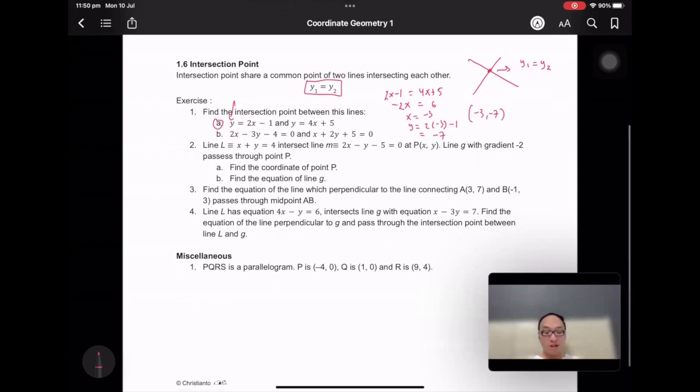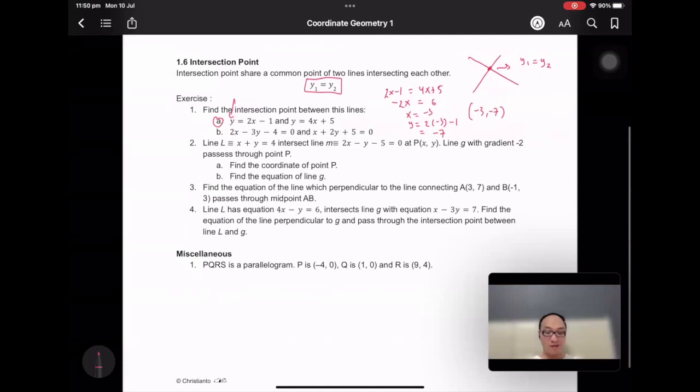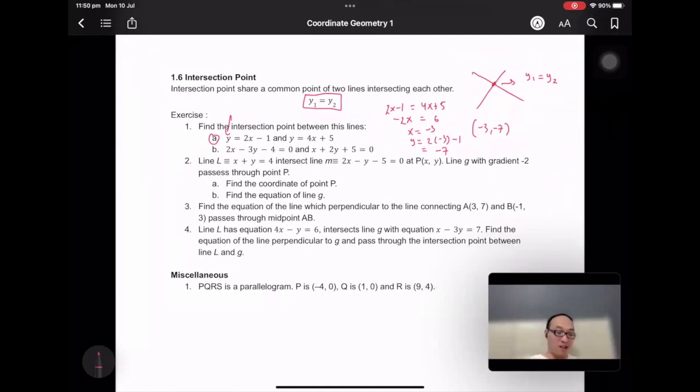How about B? For B, I can just do the simultaneous equation. So 2x minus 3y minus 4 equals to 0. And then the second one is x plus 2y plus 5 equals to 0.